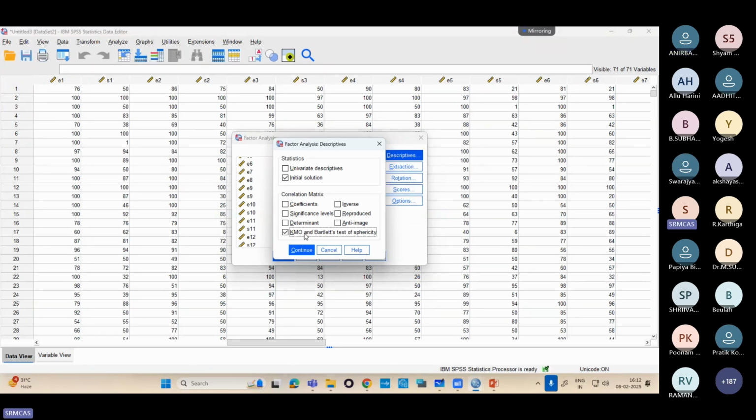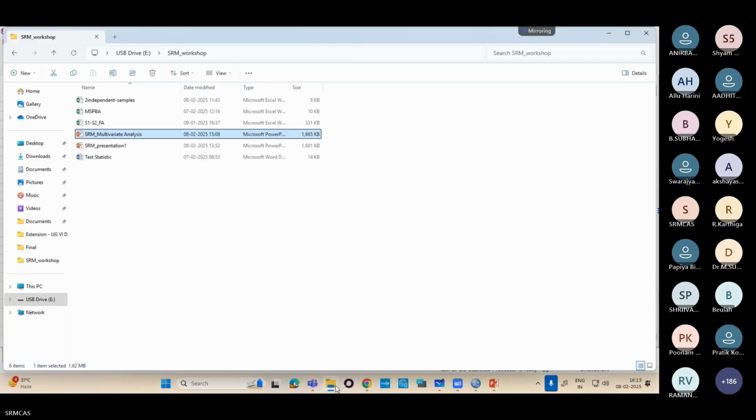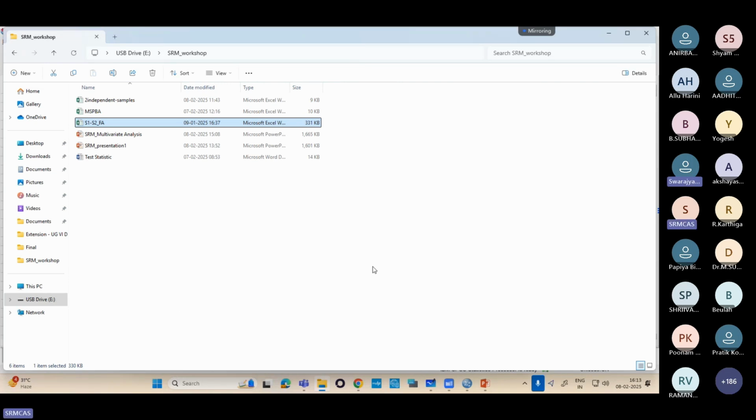S1 dash S8 underscore factor analysis FA. See here, this is the file name. Can you see? Yes, thank you.